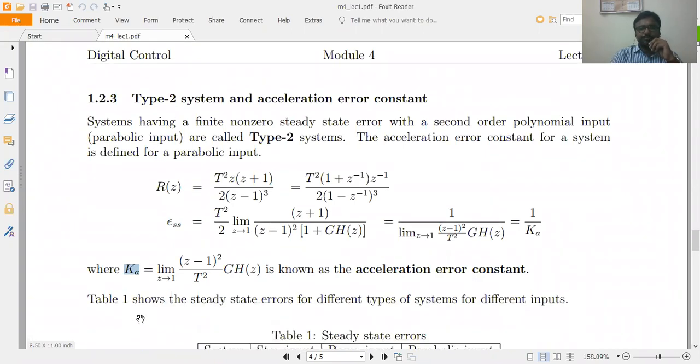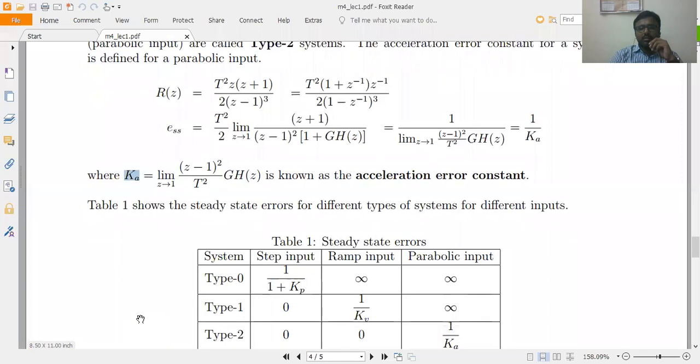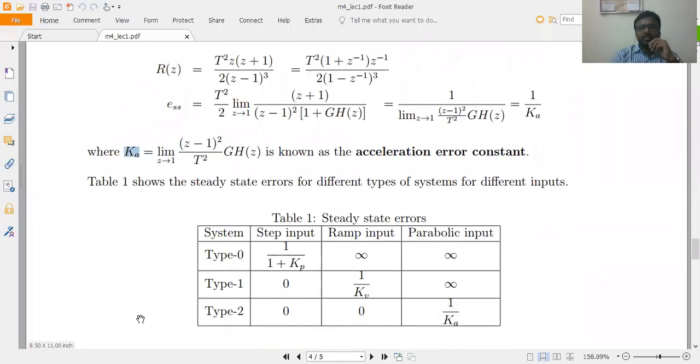Okay. So while talking about this particular table, it is going to give the steady state error values for different types of inputs.